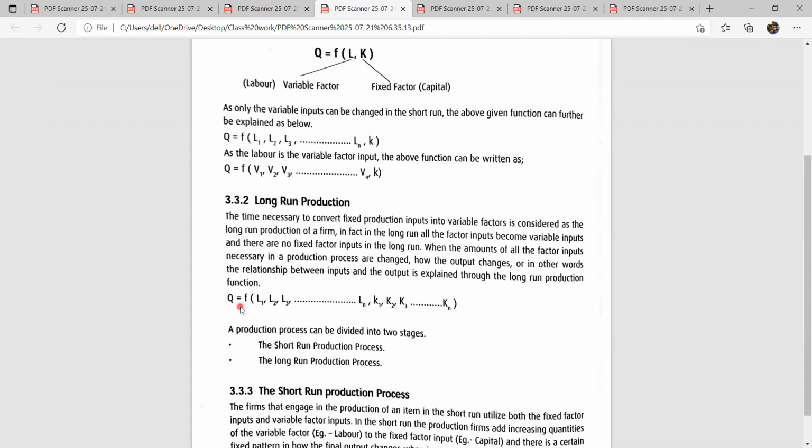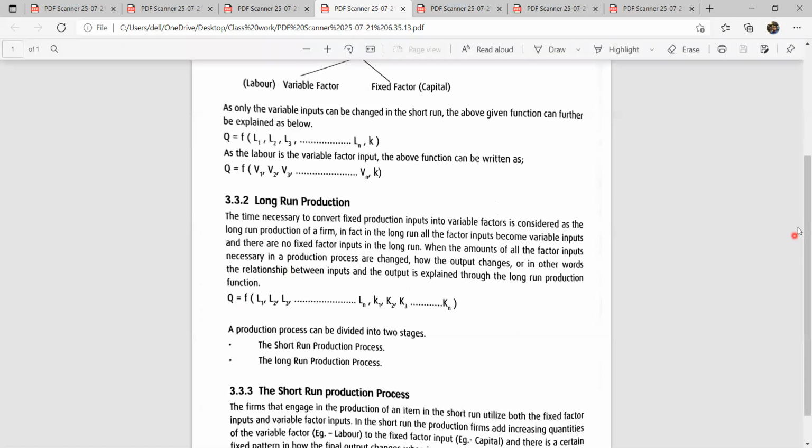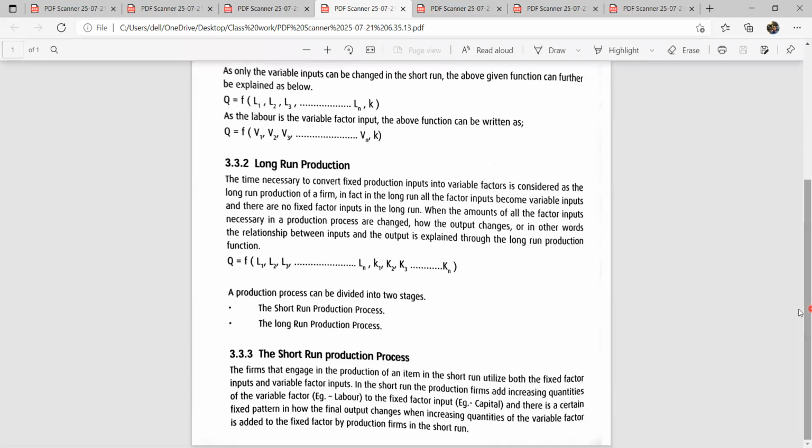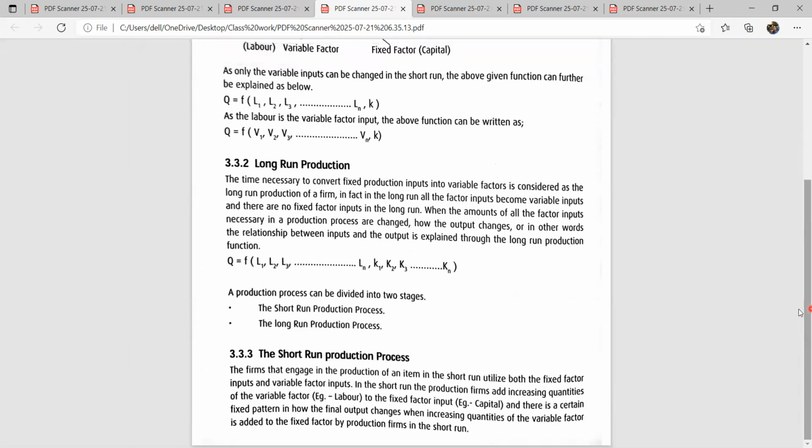The production process can be divided into two stages: the short-run production process and the long-run production process. So what we have done is the short run. Now we explain once again a number of things included in the short-run production function or process. Here, we have to discuss special concepts.